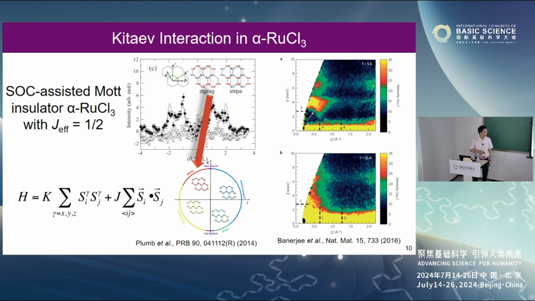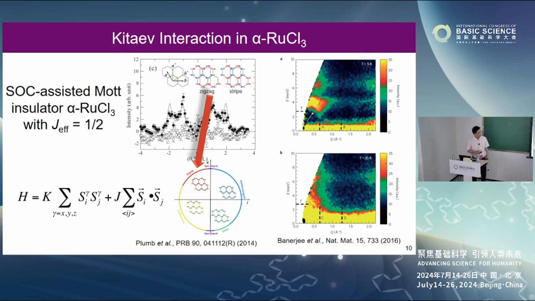So people tend to believe that this material may be described by a Hamiltonian including Kitaev interaction and Heisenberg interaction. So they use this kind of KJ model or JK model to describe this system. So you have Heisenberg interaction and you have Kitaev interaction.